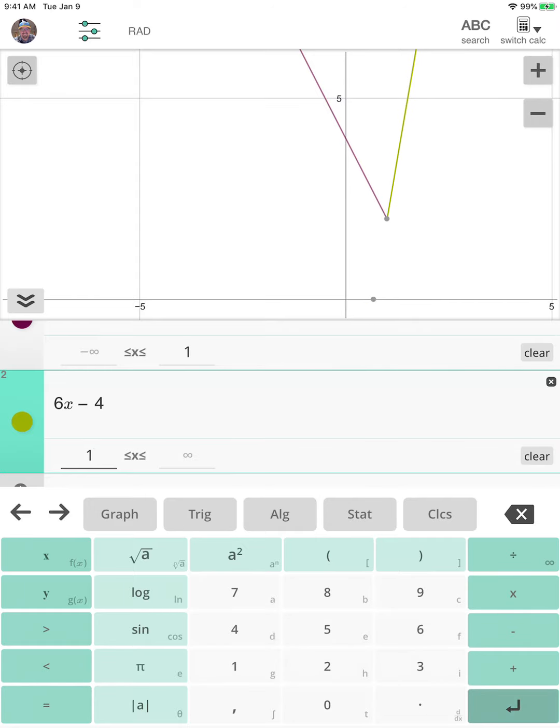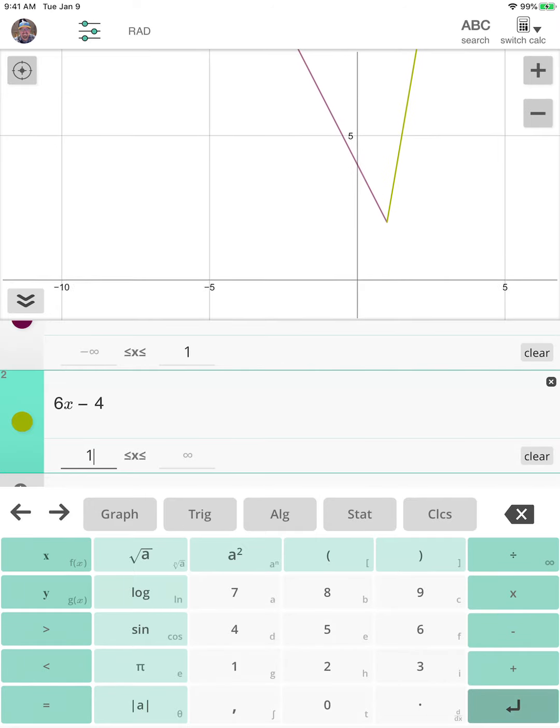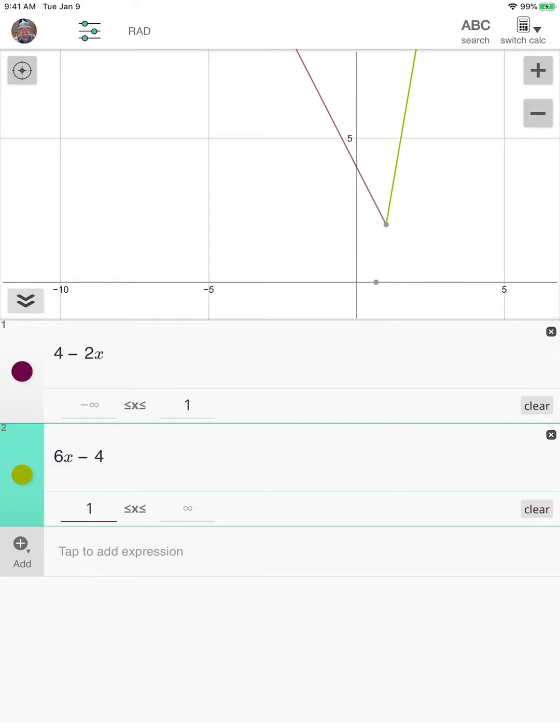Okay? Now, the first thing we want to note here is that these two graphs at 1 are sharing that point. Okay? So that means I need to show the limit for both of these approaches that value. If only one of these functions approached a value at 1, then I wouldn't have to do both.